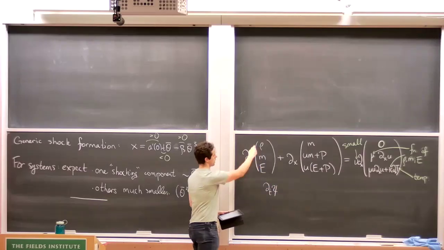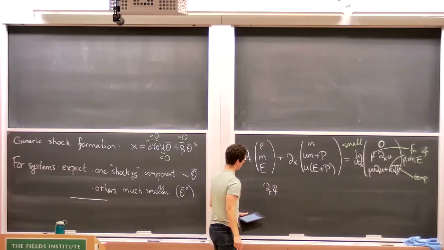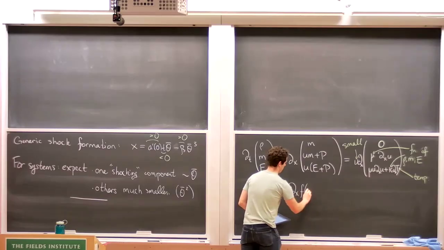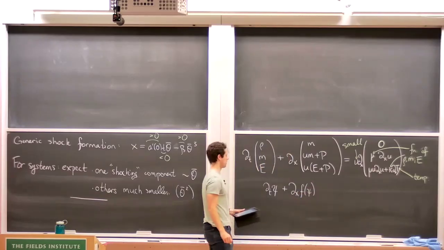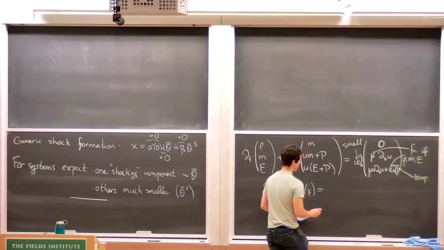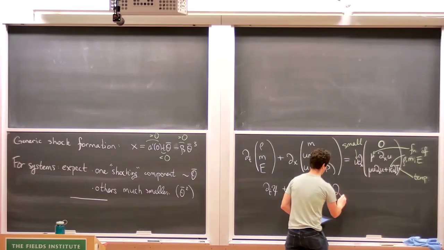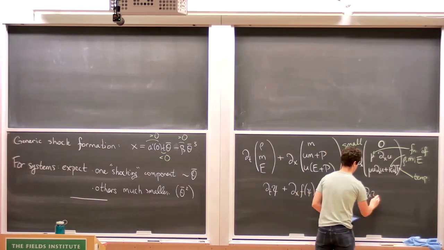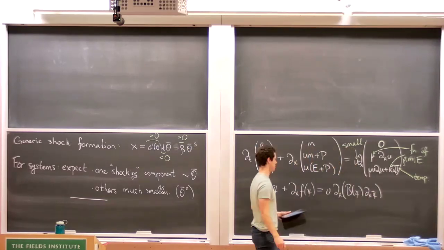So I'm grouping everything into a vector valued variable psi, like last time. We have a nonlinear flux of psi on the left, as with Euler, and then on the right, I'm just going to express this as this small constant nu times a second order but nonlinear term, which I'll write like this.